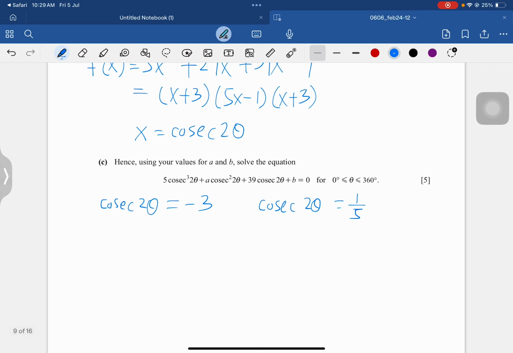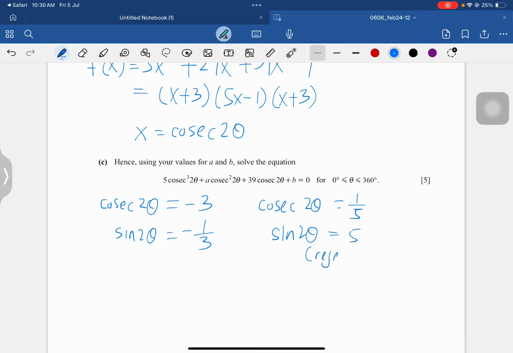Okay, we flip it. Cosecant is a reciprocal of sine, so sine 2 theta here is going to be negative 1 over 3. And this one, sine 2 theta equals to 5.